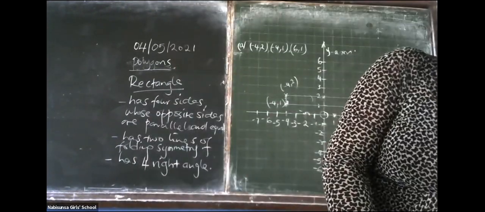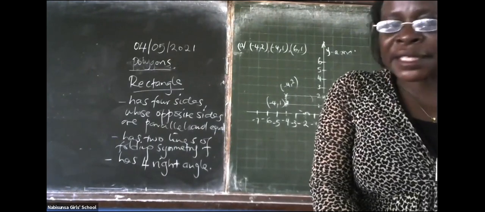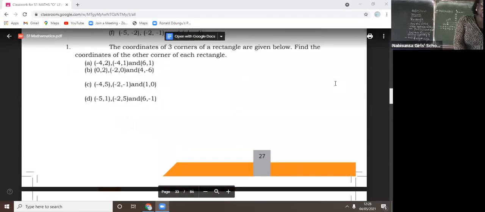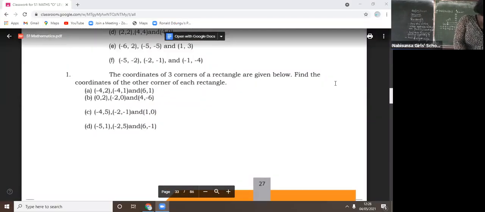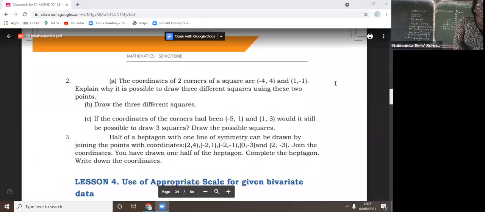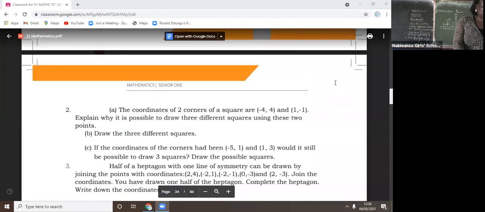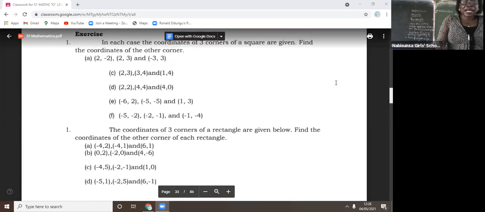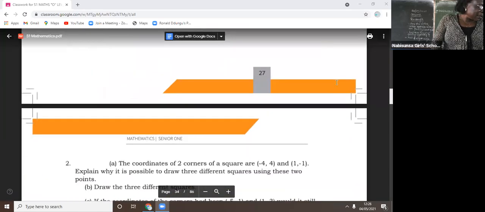Now you're going to do part C and part D, the same way we have done the first two points. And please also try question number 3 and question number 4 as an exercise.